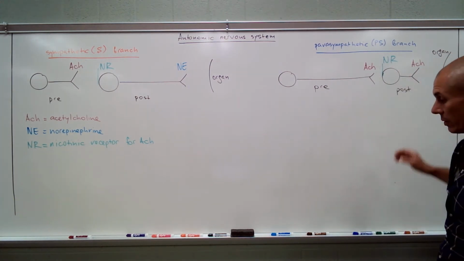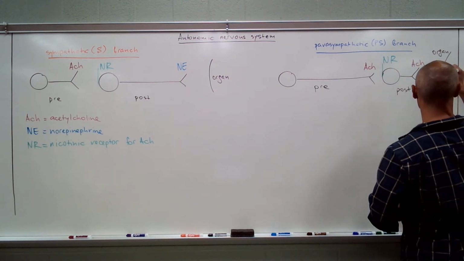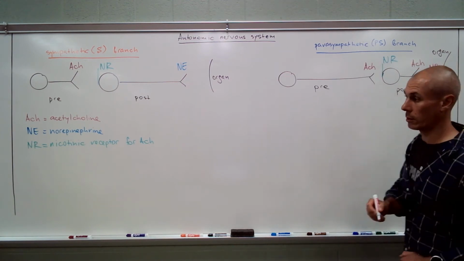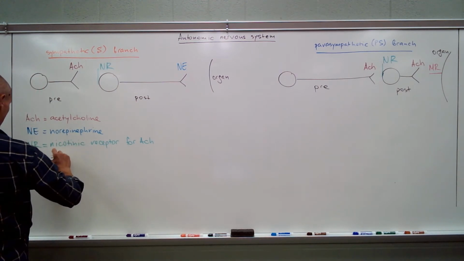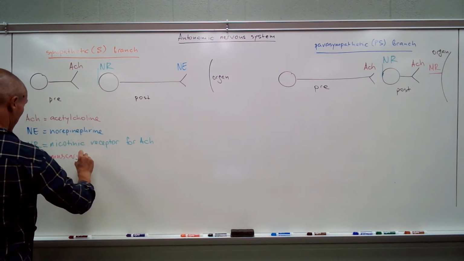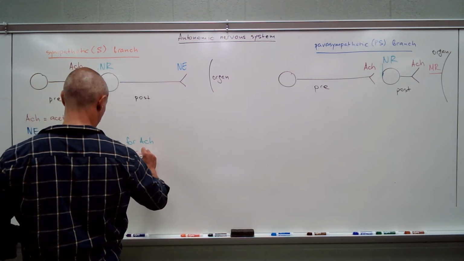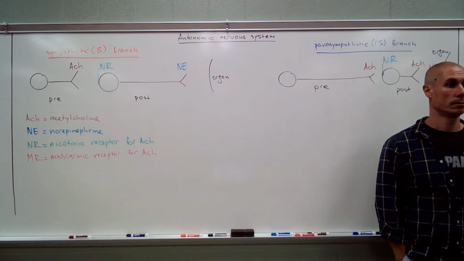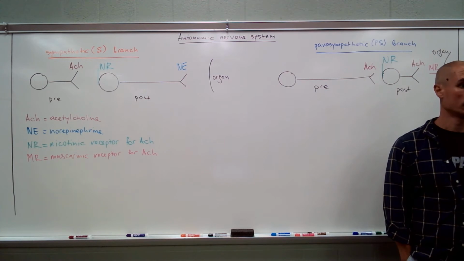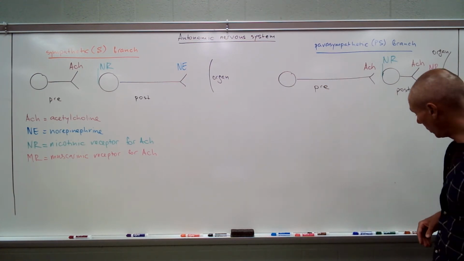Now what about what's on the organs? So in case of parasympathetic nervous system, the receptor for acetylcholine on the organ is called muscarinic receptor. Okay? We're good so far? What about norepinephrine?